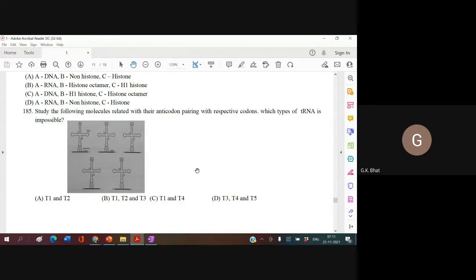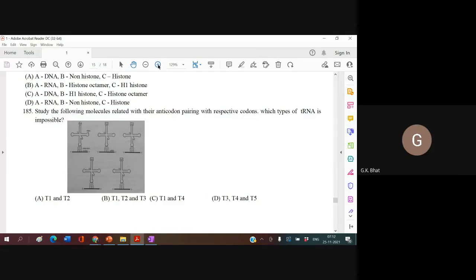Study the following molecules related with their anticodon. For that, you should know the codon and anticodon. Which type of RNA, tRNA, is impossible? 1, 2, 3, 4, 5. Can you read that codon, anticodon?